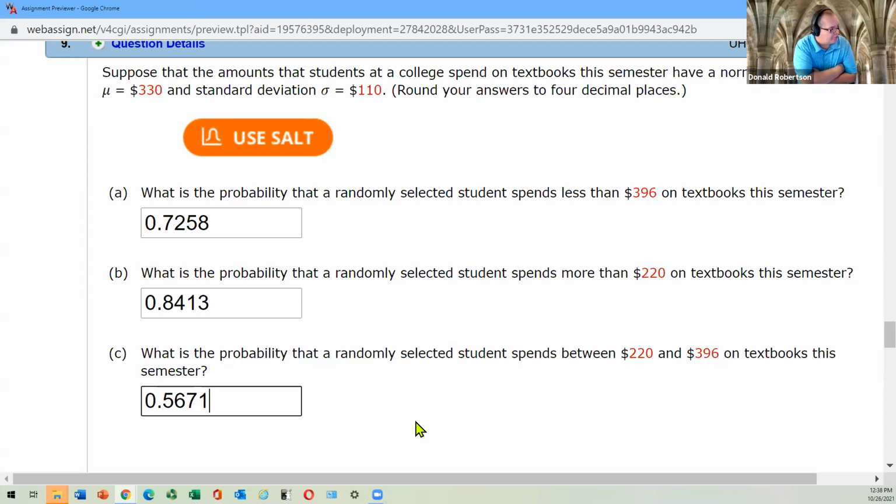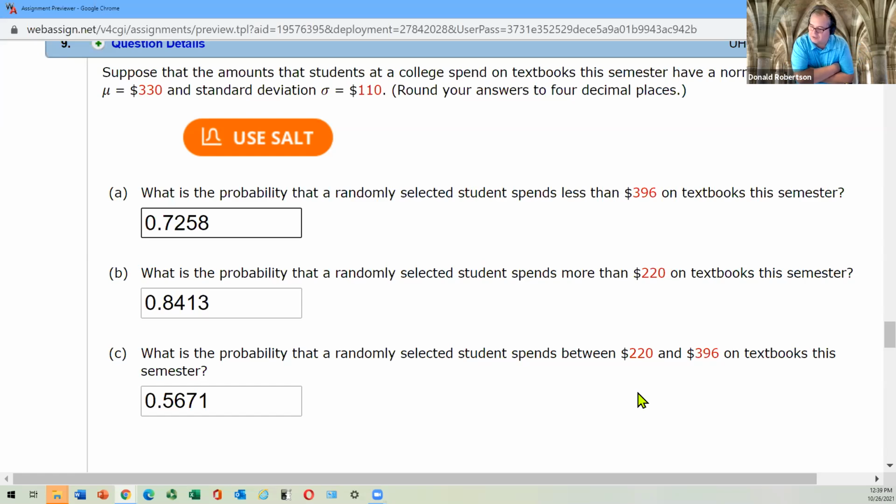So if you were at this college, the chances are that 72, almost 73% of my students would be spending less than $396. 84% of my students would be spending more than 220. And about 56, 57% of my students would be spending this amount.